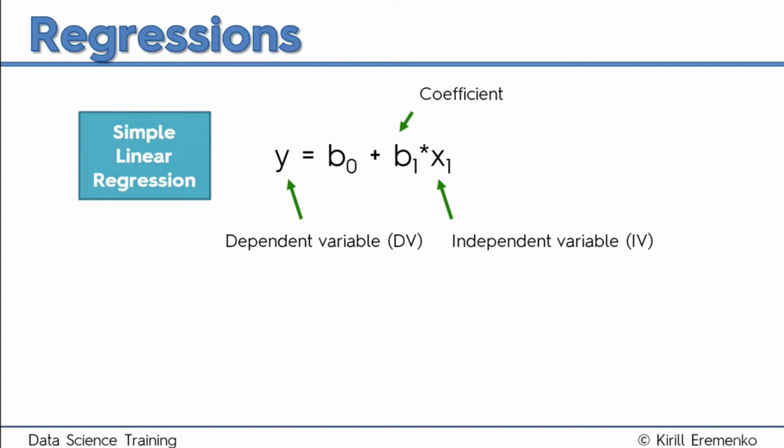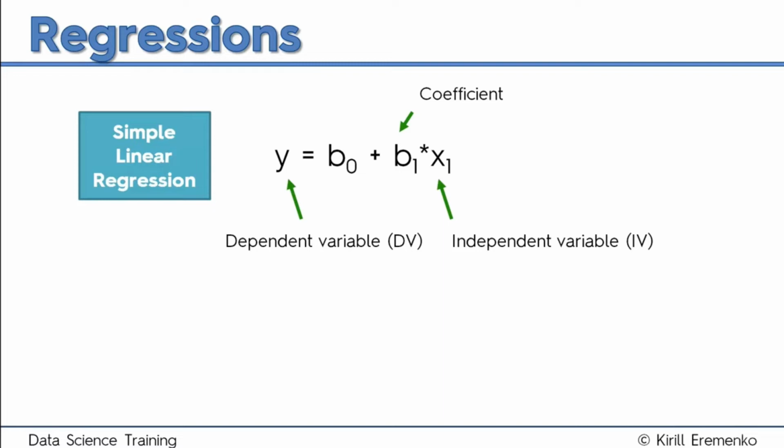Then B1 is the coefficient for the independent variable, and it says how a change in x1, a unit change in x1, and we'll be talking about unit changes a lot, affects a unit change in y.